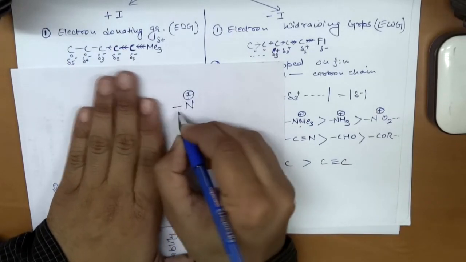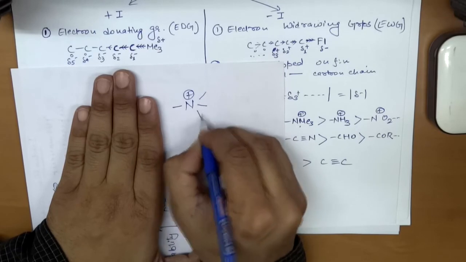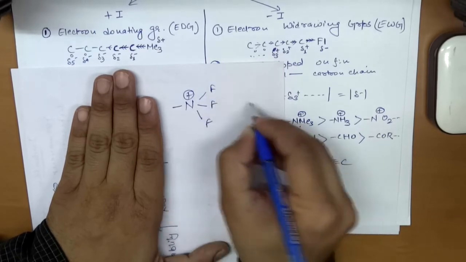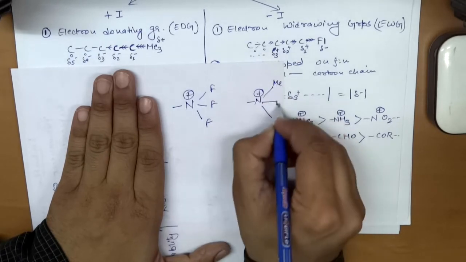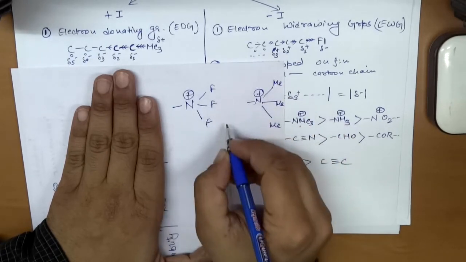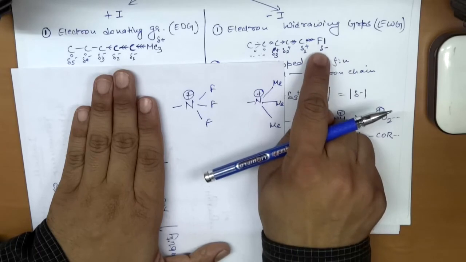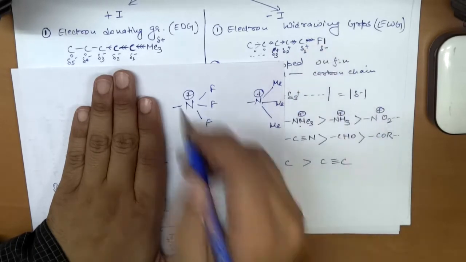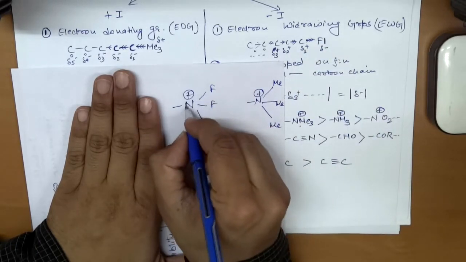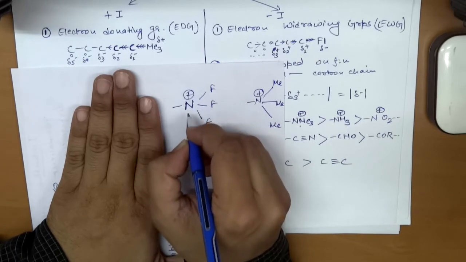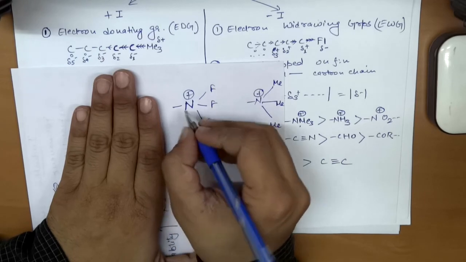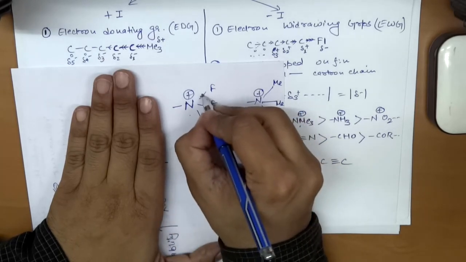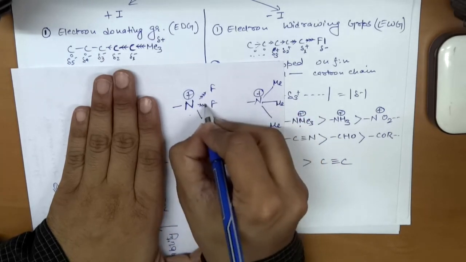N plus is connected to a carbon chain here and has 3 fluorines, as compared to the N plus which has 3 methyls. Fluorine is an electron withdrawing group. So already nitrogen does not have any electron, and furthermore fluorine is also taking electrons from it.